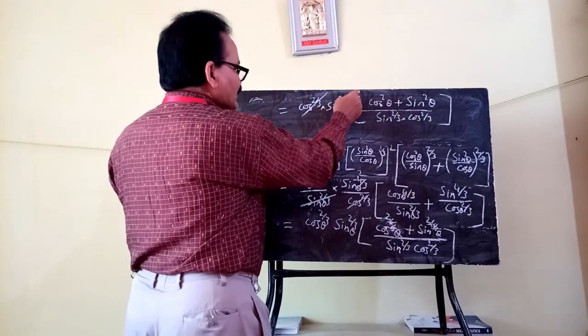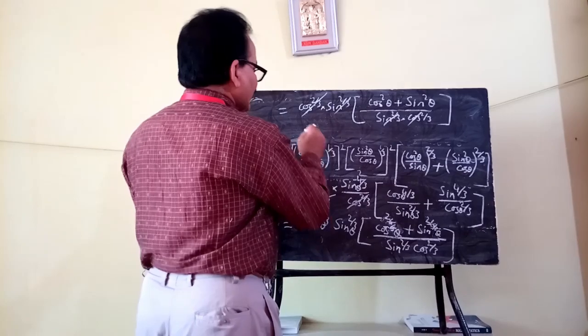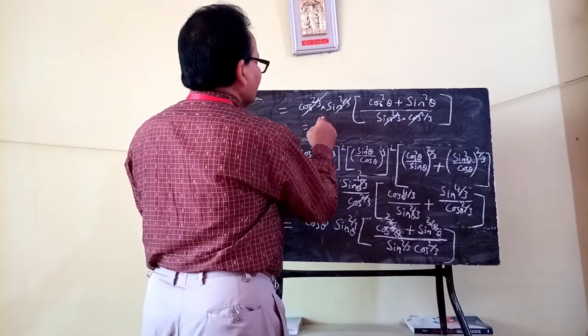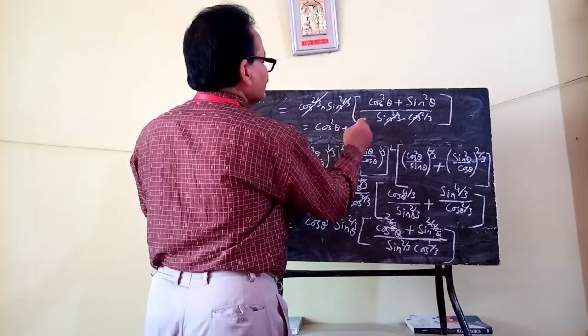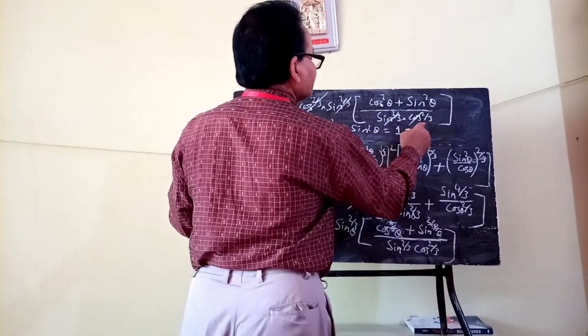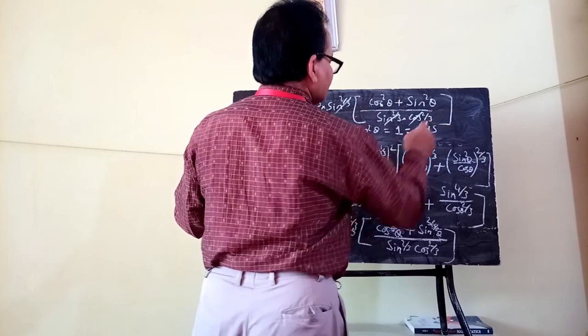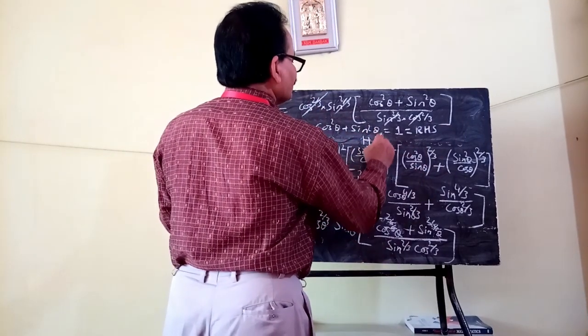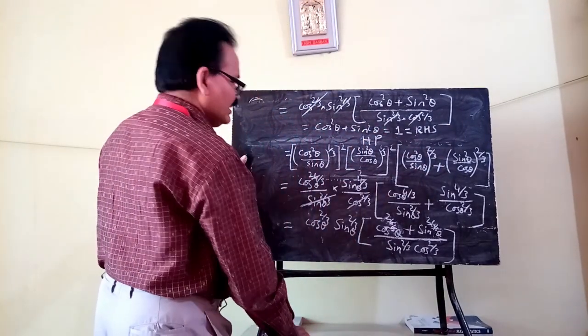So this much will cancel each other, and cos square theta plus sine square theta is 1, and that is the RHS, hence proved. Okay, clear?